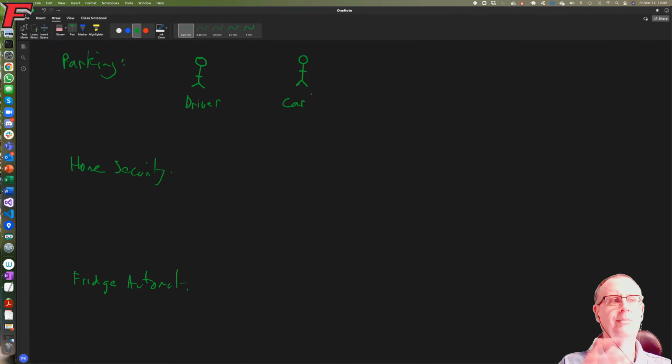You're not making the car, so it's outside your system, but you're going to need to interact with or at least detect the car. And then I'm wondering whether there's a garage operator that needs to somehow interact with the system.